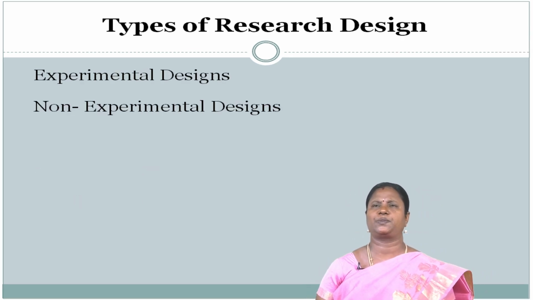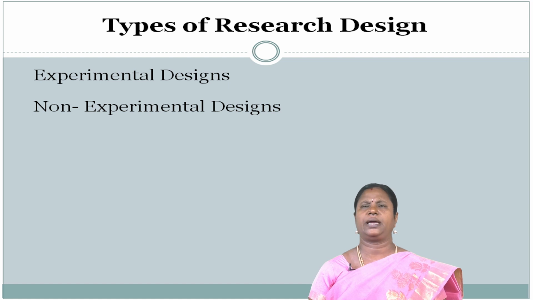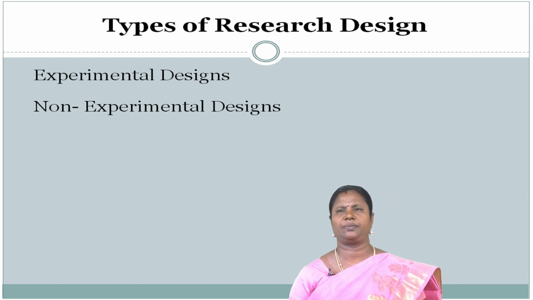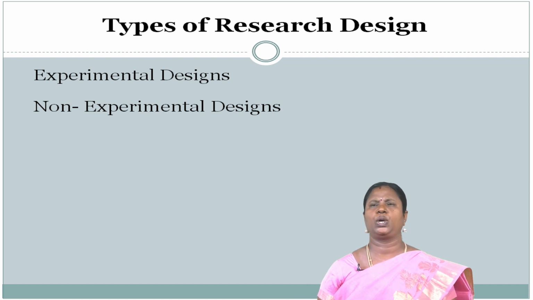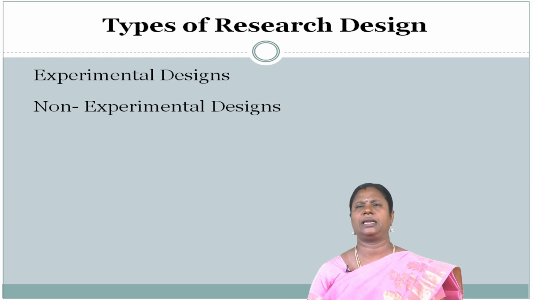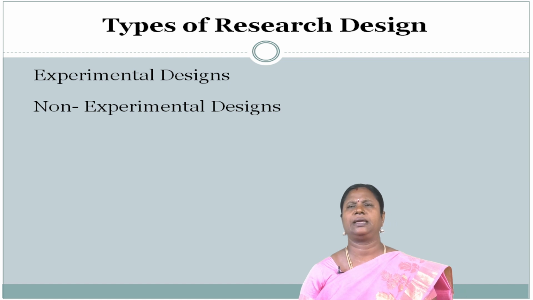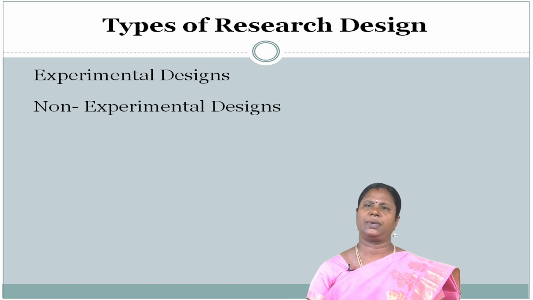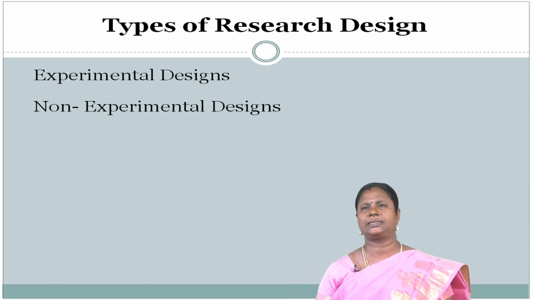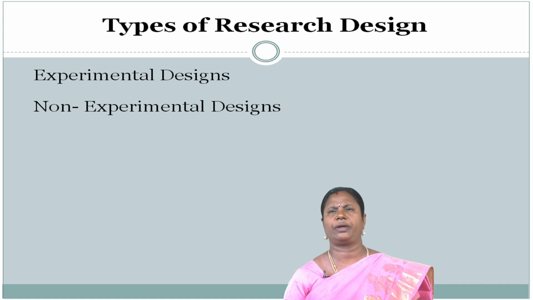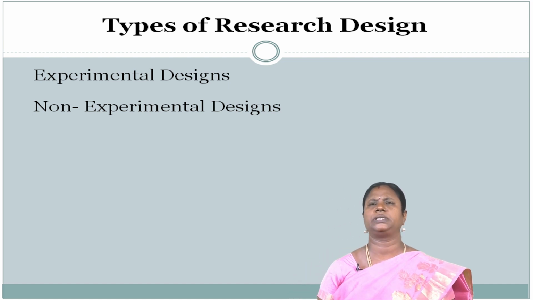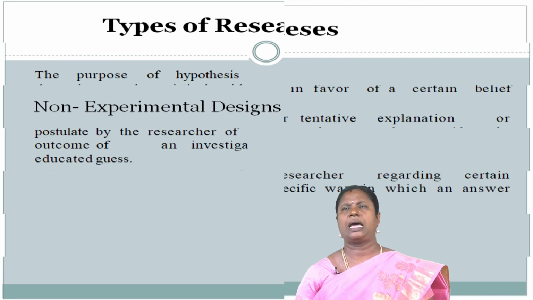First one, experimental design. Second one, non-experimental design. Experimental design has two types: quasi-experimental and experimental. Non-experimental design: case study design and methods, content analysis, ethnography, focus groups, network analysis and sociometry.